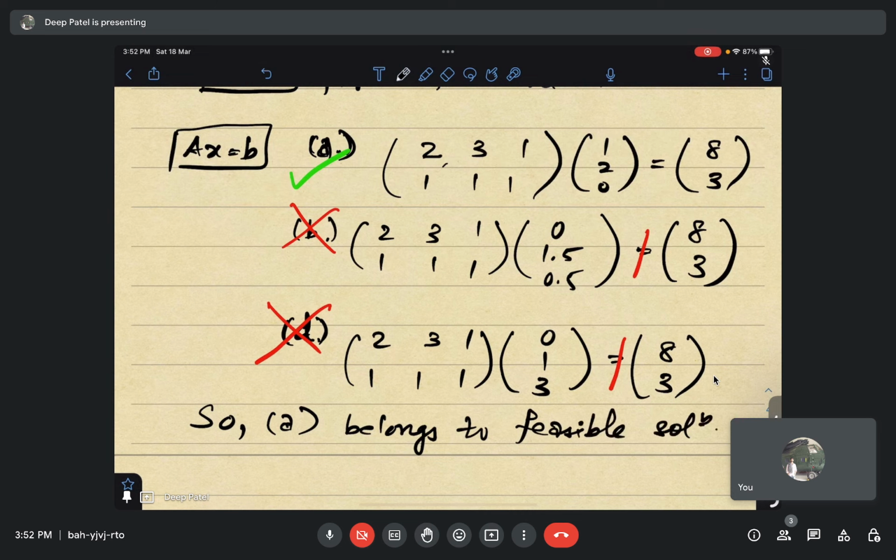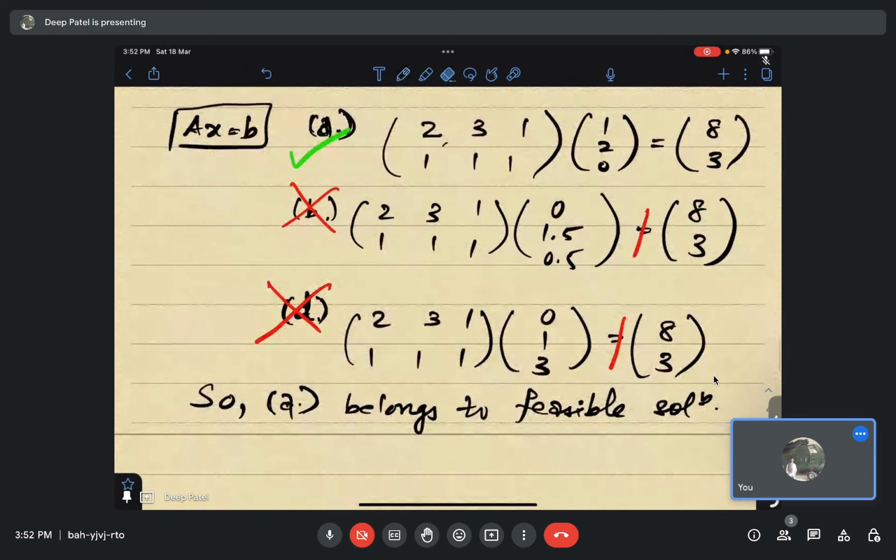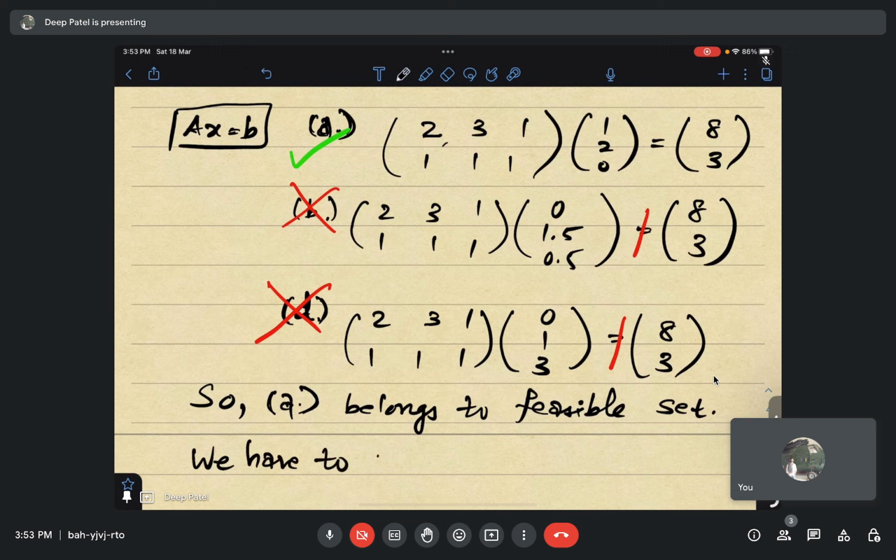Does this still solve the problem, or do we have to check something else? Yes, we need to check further. What we have to check is that this is actually a basic feasible solution.